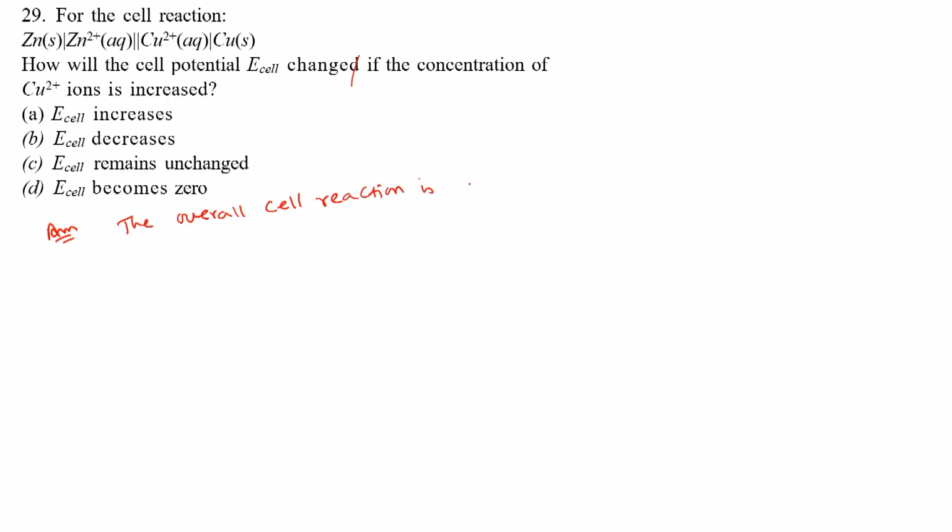Zn is getting oxidized: Zn solid gives Zn2 plus aqueous. This is happening at the anode, and at the cathode Cu2 plus aqueous is getting reduced to Cu solid, right.